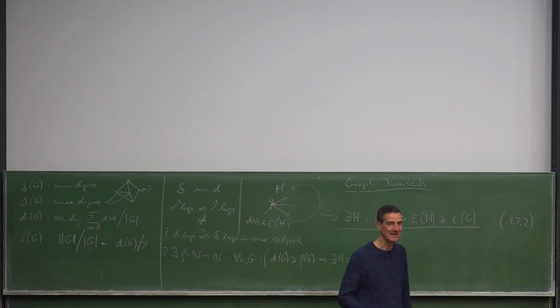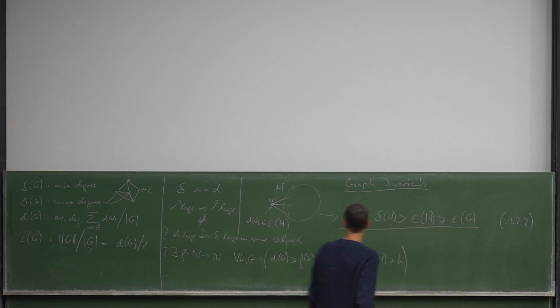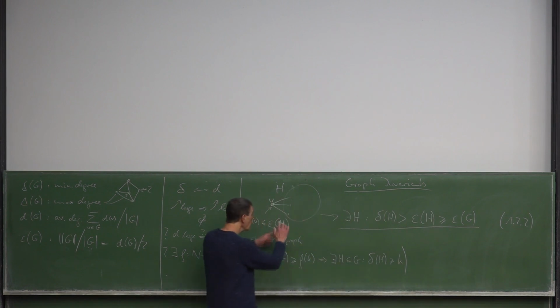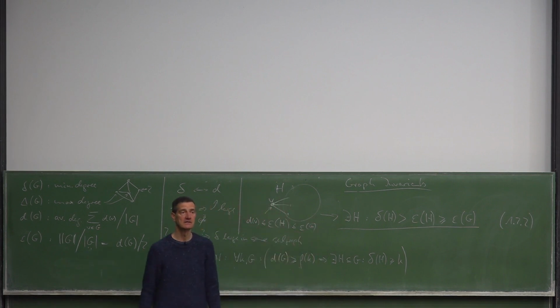Right? Okay, yeah. Should the degree of the vertex we delete not be smaller than the epsilon of G? It will be. It is. You wrote down it's smaller than epsilon of H. Yeah, but that is always smaller than epsilon of G, because that's part of the proof.